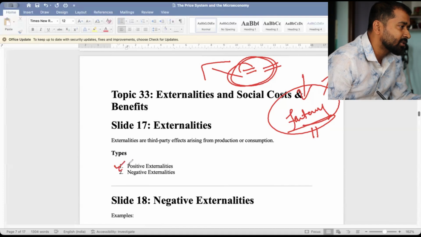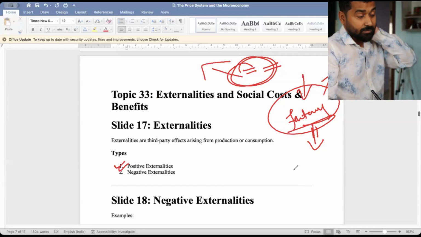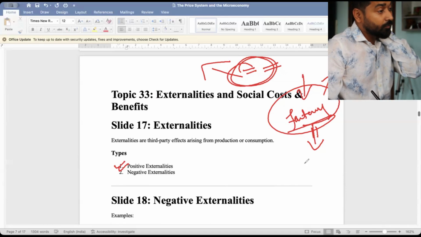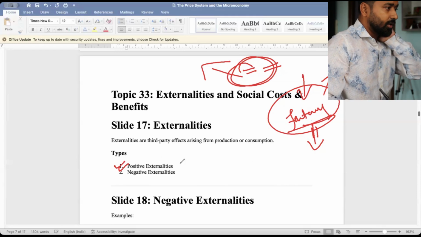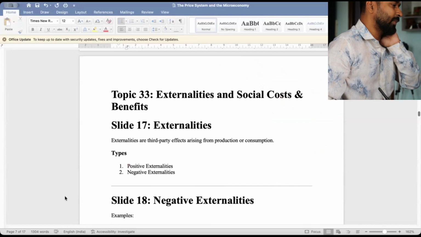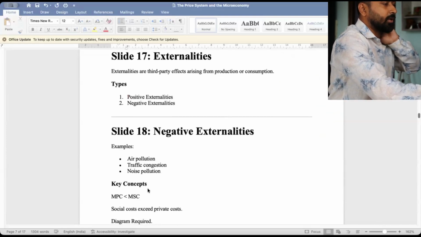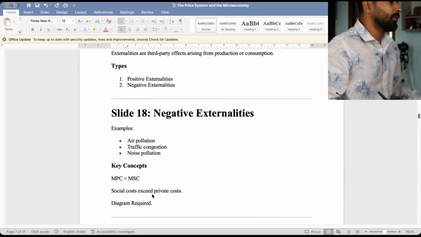So what are positive externalities? For example, I am producing a smartphone at the lowest cost. The people purchasing or using the smartphone get a benefit. So that is positive externalities. Positive externalities is where a third party gets a benefit from any work, but where they face a problem from any work, that is known as negative externalities.